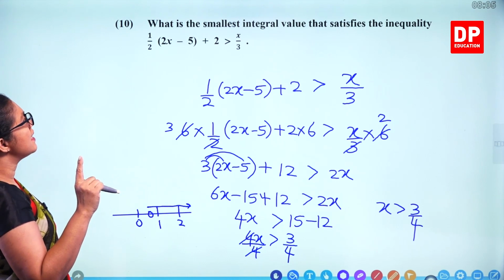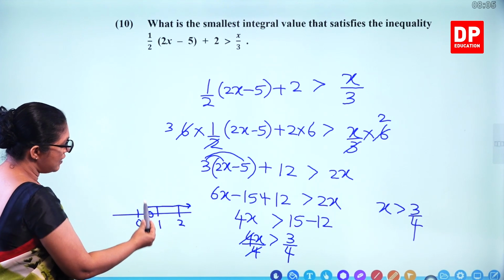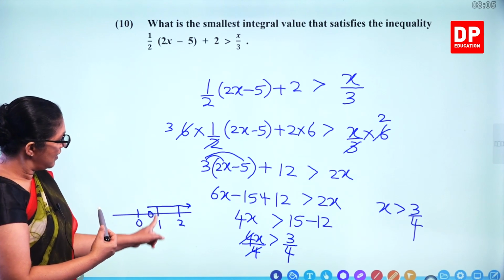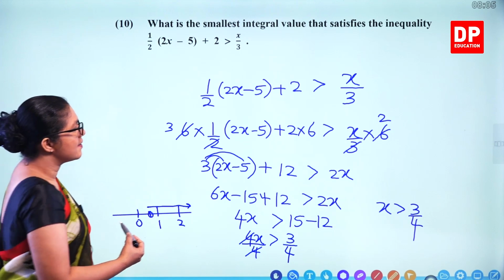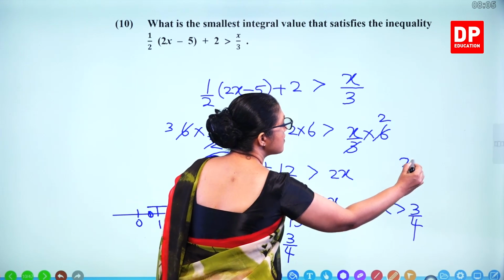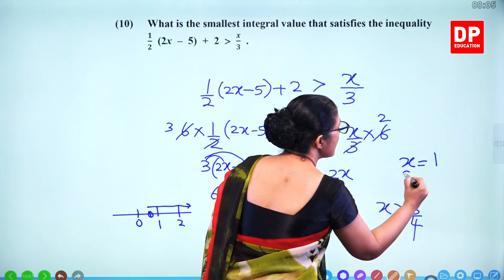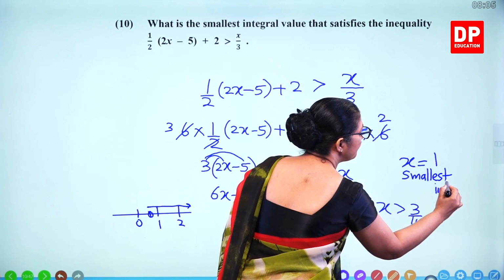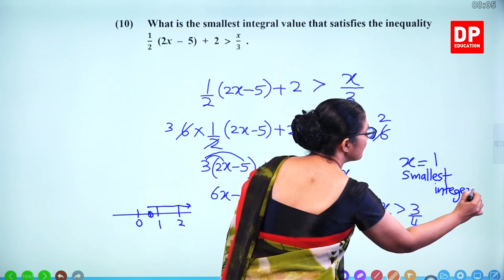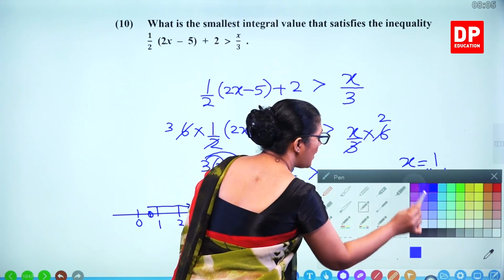So what is the smallest integral value, integer value you get? Here, that's 1. So smallest integral value is 1. So x equals 1. That's the smallest integer. 2 marks for that.